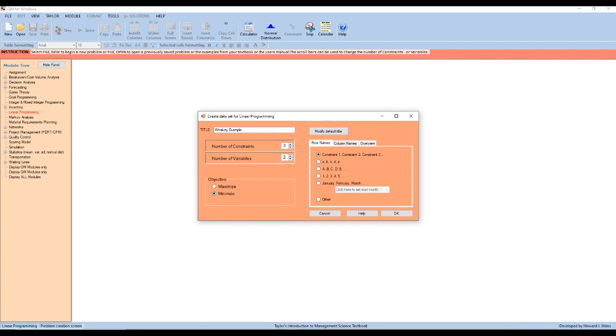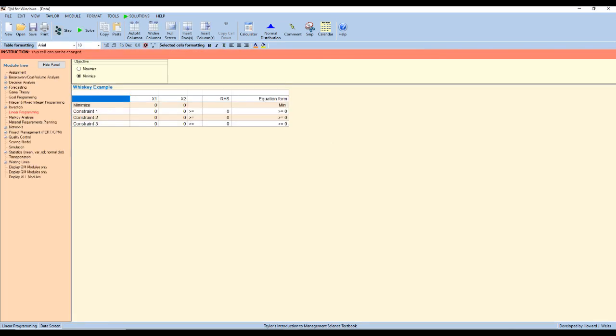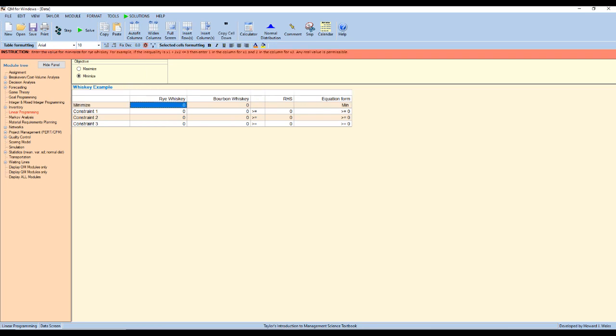We're attempting to minimize. As I said last time, this is from the last class, so we're still on a 2 variable problem, bourbon and whiskey. We click OK, and we see how very simplistic this chart is, and we have to fill in our relevant information now. First one, rye whiskey. Second, bourbon whiskey. Our costs for each are $2 and $1.